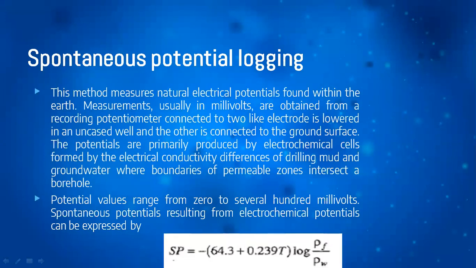Next one is spontaneous potential logging. This method measures the natural electrical potentials found within the earth. Measurements, usually in millivolts, are obtained from a recording potentiometer connected to two electrodes: one is lowered in an uncased well and the other is connected to the ground surface.